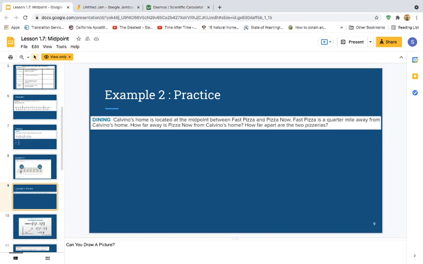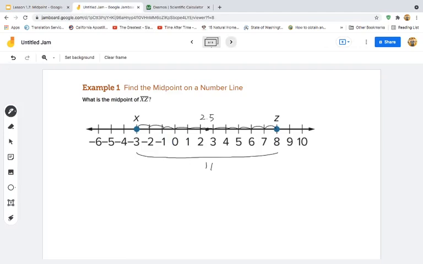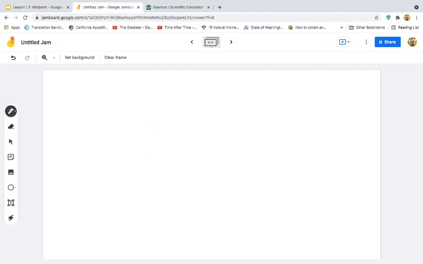Okay, well, let's draw a picture here. So we know Calvino's home is located at the midpoint between Pizza Place 1 and 2. So we'll go back here, and we will draw a line. And again, we know that Calvino's home, well, let's call that point C, is halfway between Pizza Place 1 and Pizza Place 2.